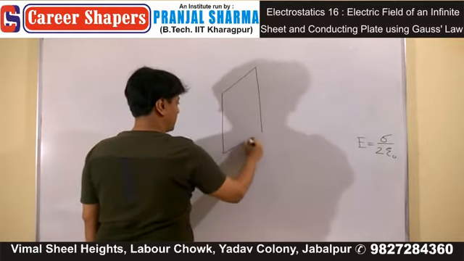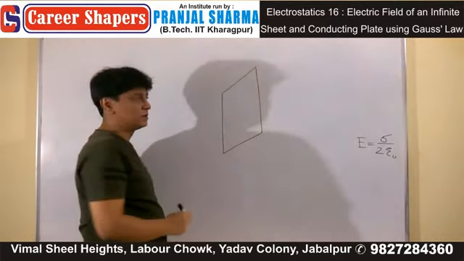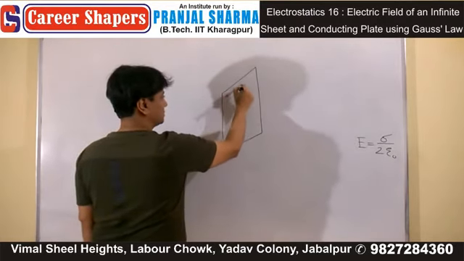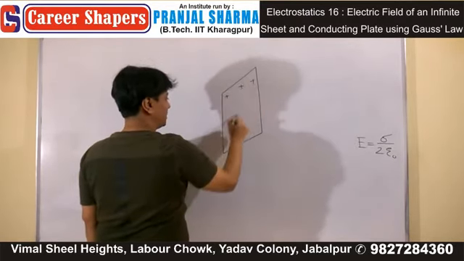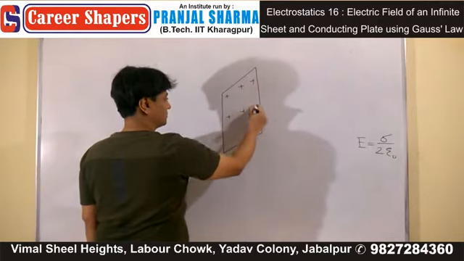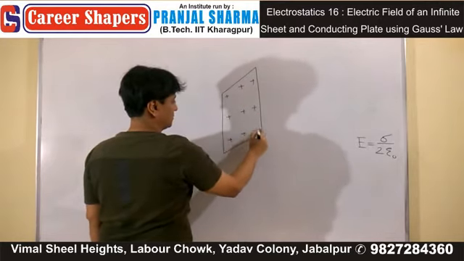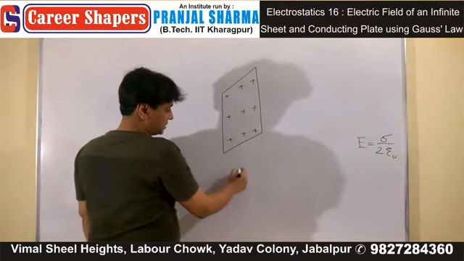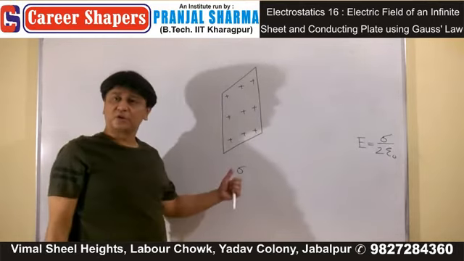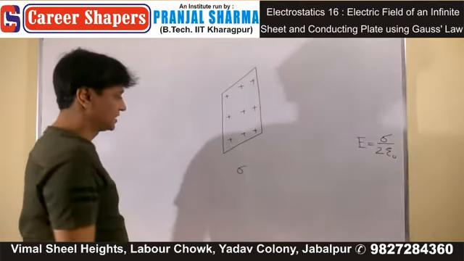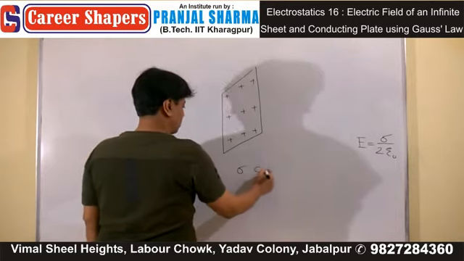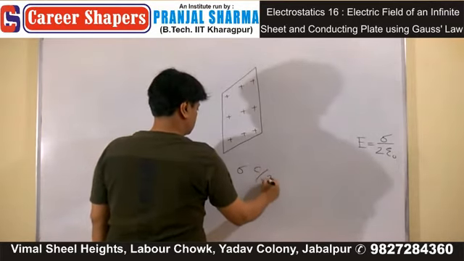This is the infinite sheet which is uniformly charged. And charge density, surface charge density is sigma coulombs per meter square.